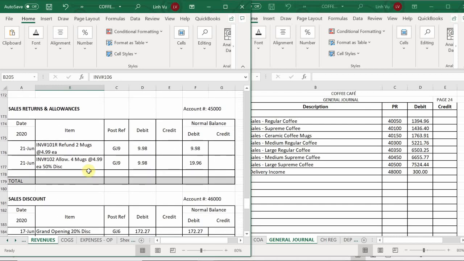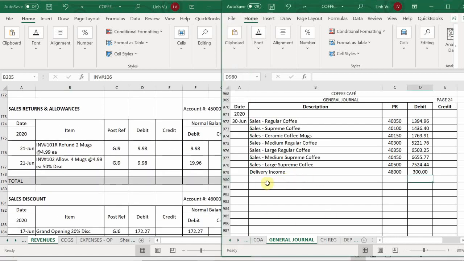Then we're going to do our last two remaining accounts since this is on the credit side. You're going to have a sales returns and allowances that you're going to have to credit. So sales returns and allowances, which is account number 45,000. Okay.